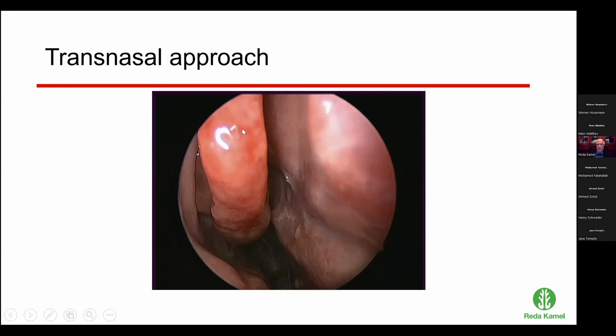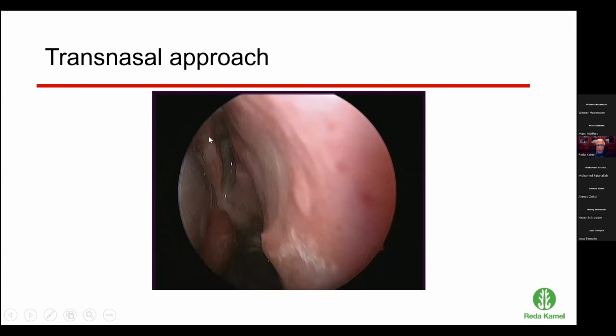So now I just want to make sure everybody is following the middle turbinate, nasal septum, then the superior turbinate. Nice. Now we are able, this is the nasal septum on the right side, the middle turbinate displaced laterally, the superior turbinate identified, the choana, here we are, face of the sphenoid, and this is the sphenoid sinus ostium, lateral to the lower posterior part of the superior turbinate.